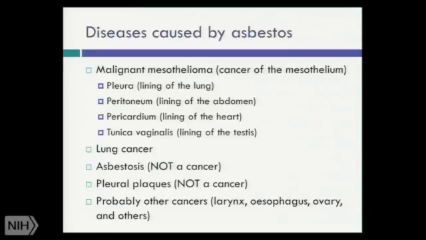However, what may be less known is that lung cancer can also be caused by asbestos. And then we have a number of other cancers that are probably higher in incidence with people who have had asbestos exposure, including larynx, esophagus, and ovary. And of course, asbestosis and pleural plaques. Asbestosis is a devastating disease in itself, but it's not a cancer.